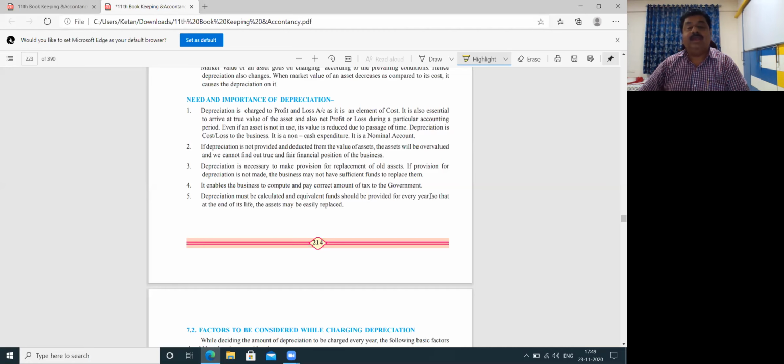It is a non-cash expenditure. It is a nominal account. As I said, it is a non-cash expenditure, rather a loss, and that's why it is a nominal account. Please, you can highlight this. If depreciation is not provided and deducted from the value of the asset, the asset will be overvalued, and we cannot find out the true and fair financial position of the business.